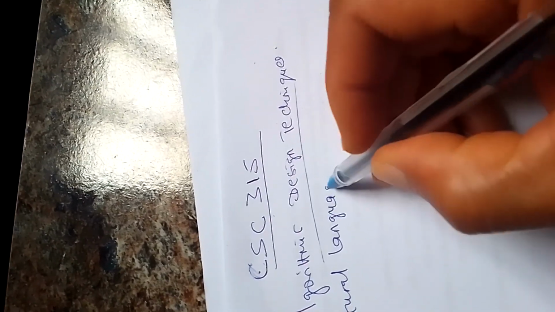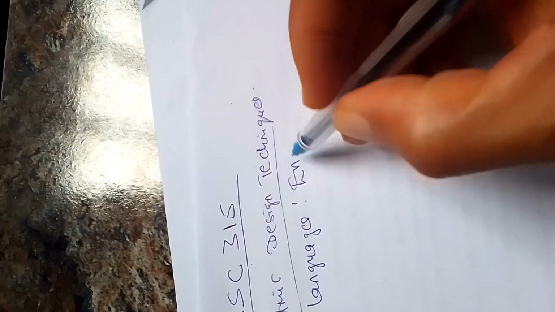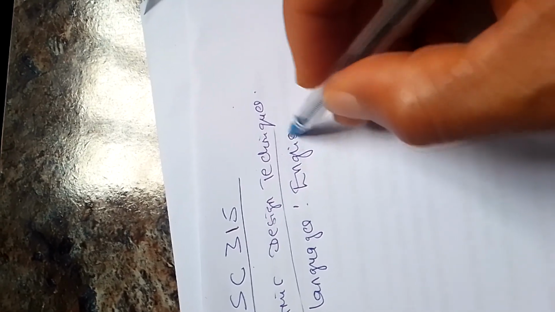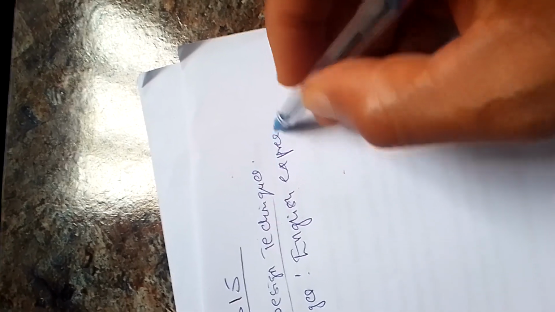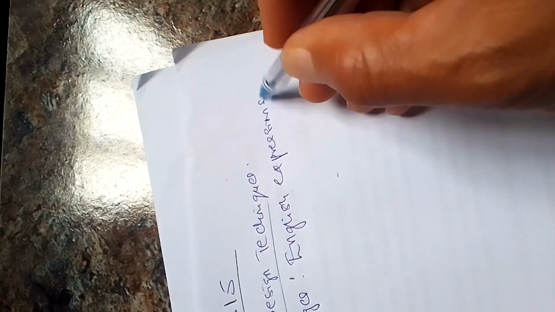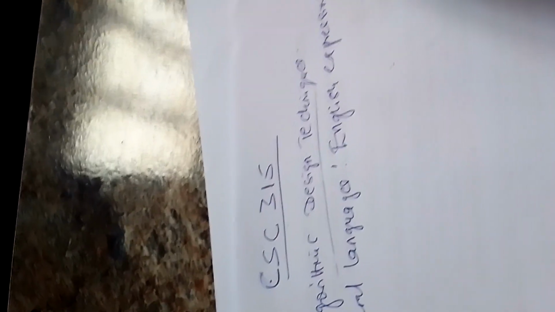And what is natural languages? Natural languages are English expressions. That is what we call natural languages. Just like Igbo language is also a natural language, French language is also a natural language.